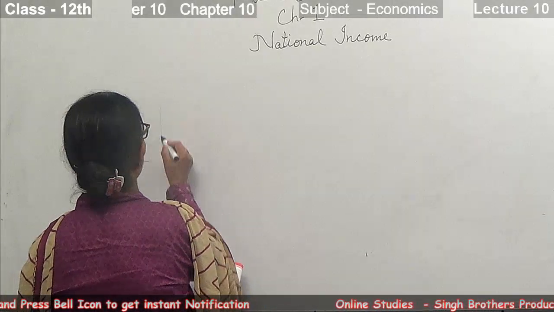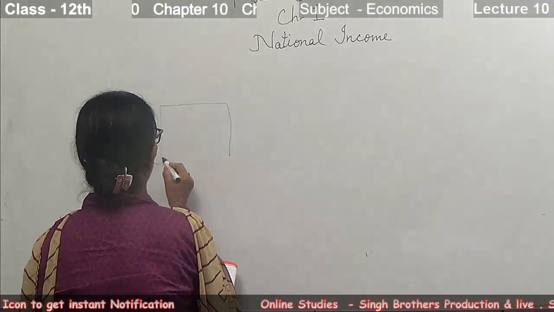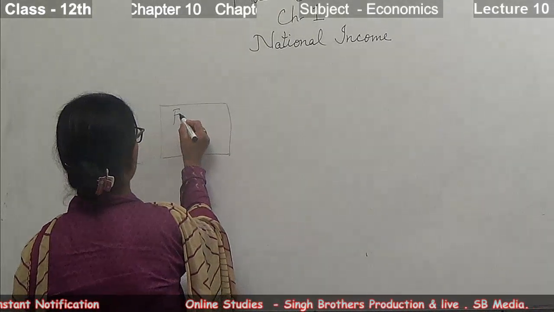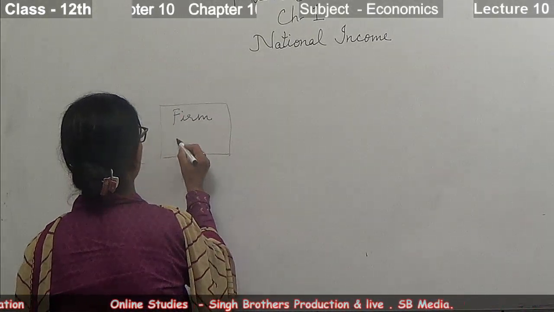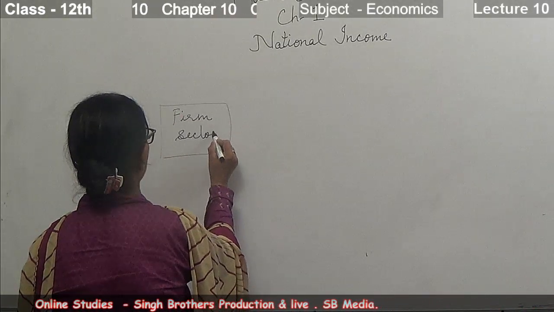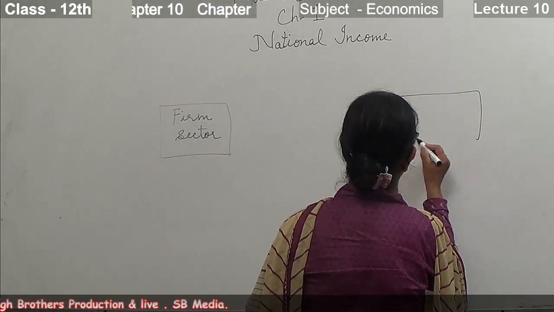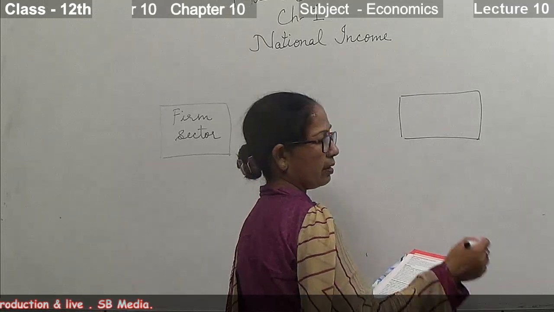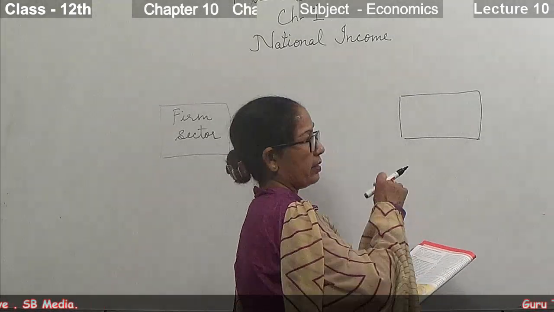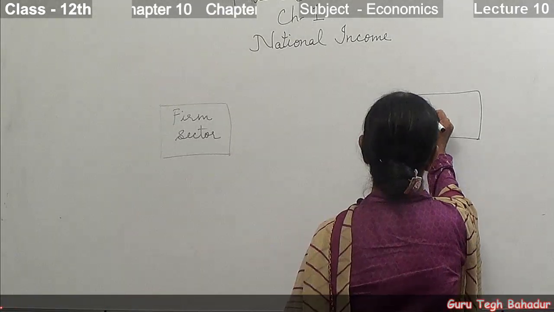One is the firm sector, and the other is the household sector. First of all, the flow between the two sectors, household and firm.